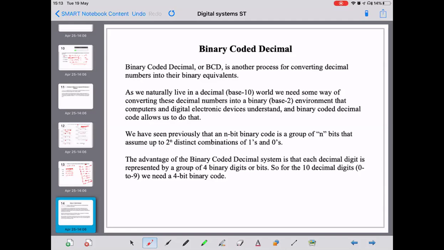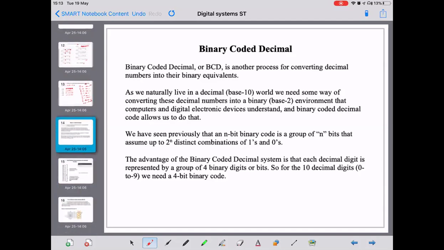So we've seen how we can represent decimal numbers as binary, but the advantage of the BCD system is that each decimal digit is separately represented by a group of 4 binary digits or bits. So for the 10 decimal digits 0 to 9, we need a 4-bit binary code to cover the 10 different decimal numbers that we can possibly have.